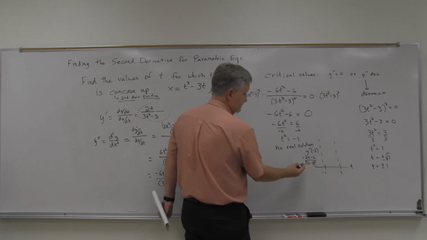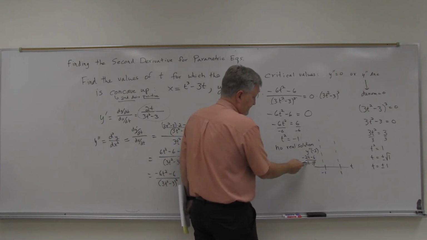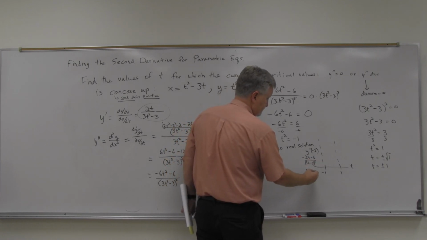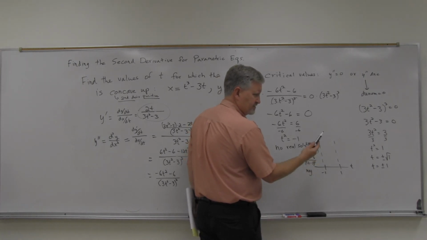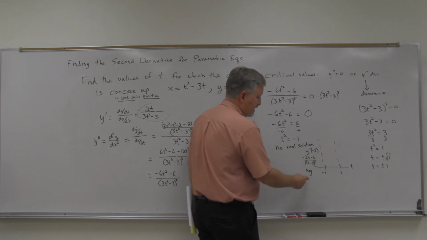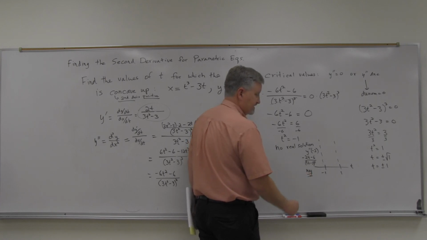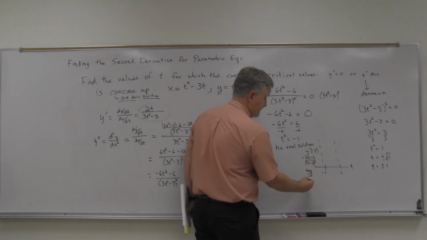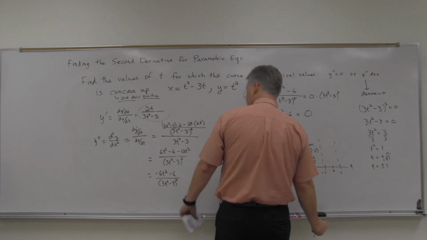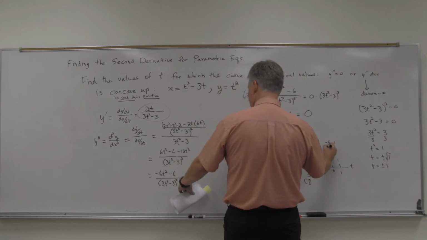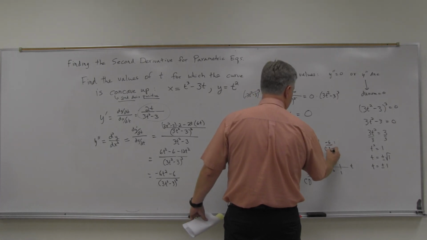Figure all that out, but it's going to be a negative value, because you've got a negative divided by a positive. 9 cubed is 729, so -30 over 9 cubed. It's a negative value. So the second derivative is negative there, so that's concave down. In between, 0 would be a good one, so that would be -6 over -3 cubed.